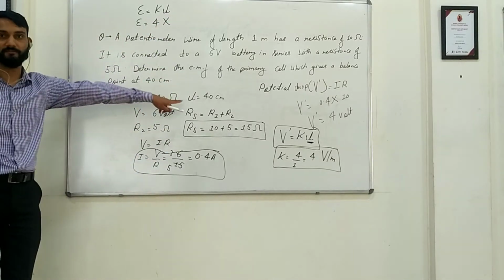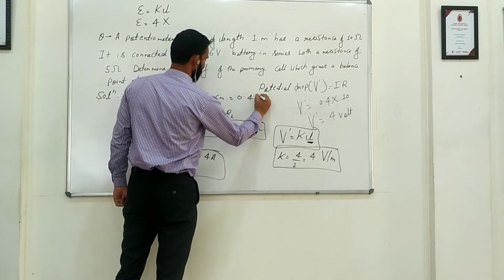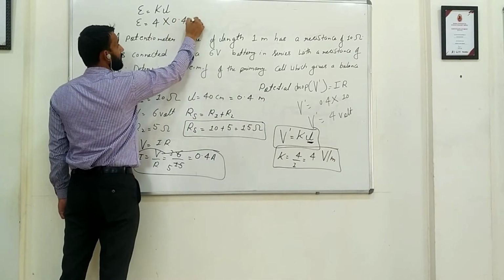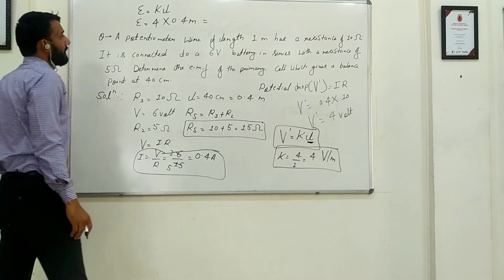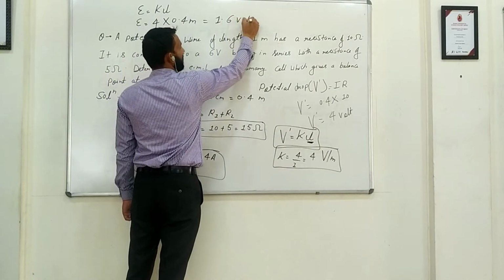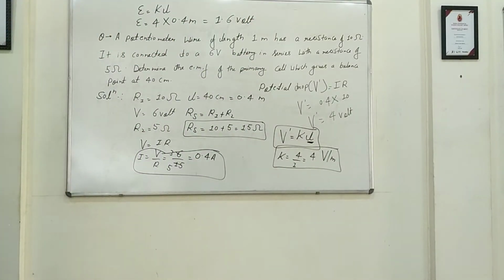Now we will take this length, 40 centimeter. 40 centimeter means 0.4 meter, into 0.4 meter. How much will it be? 1.6 volt. So this will be the EMF. So this is how we have to calculate the EMF. So have a look and then we will move on to the other question.